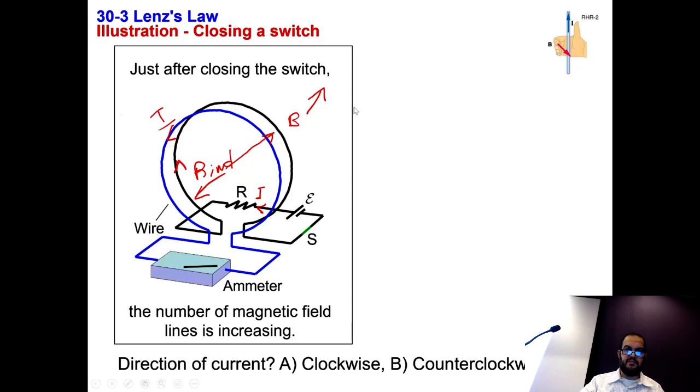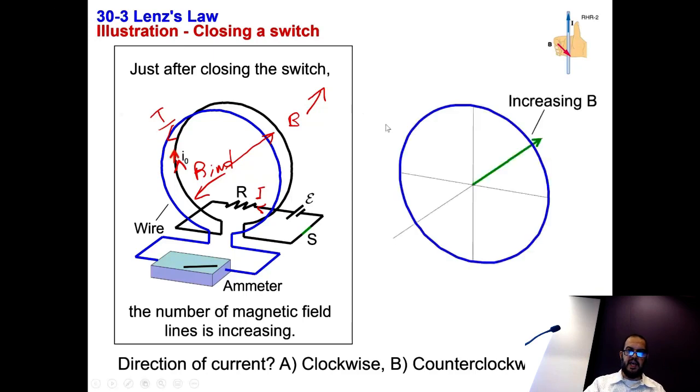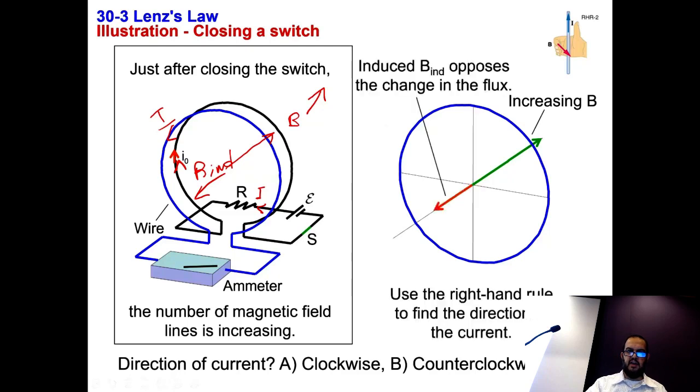So correct. This is the existing magnetic field and it's increasing. This is the induced magnetic field, it has to oppose the change, and so in this case it's a counterclockwise current. So now you're familiar with Lenz's law.